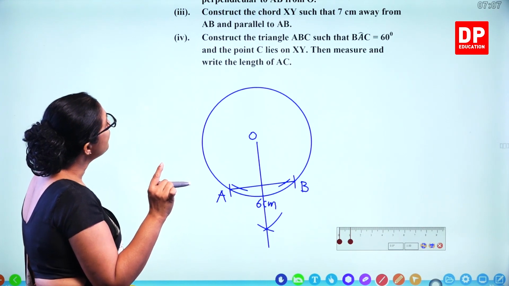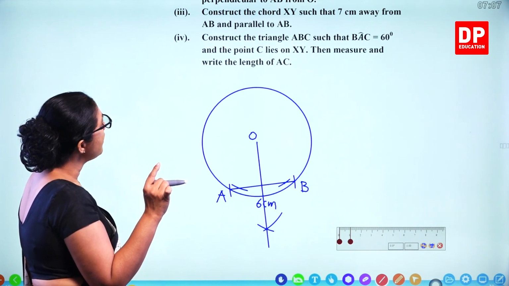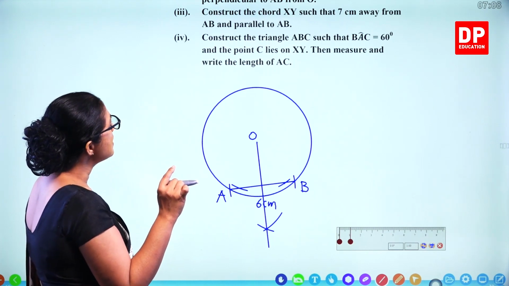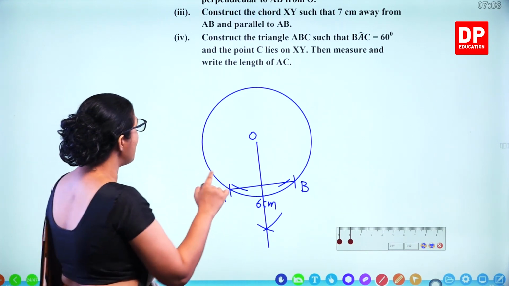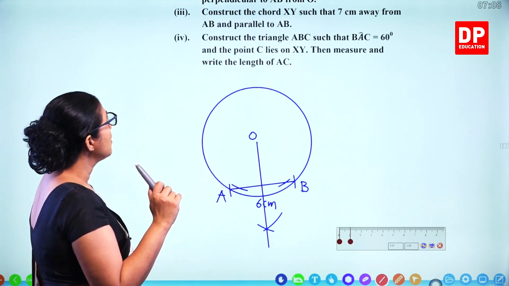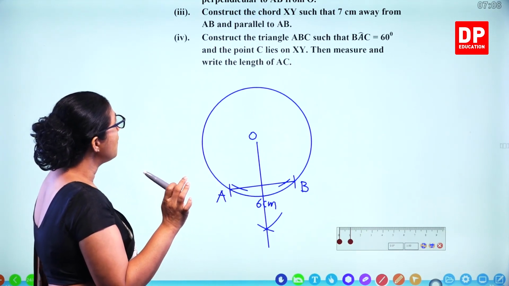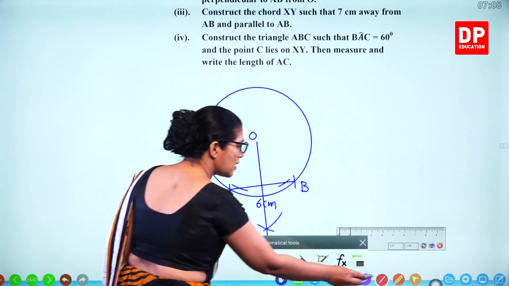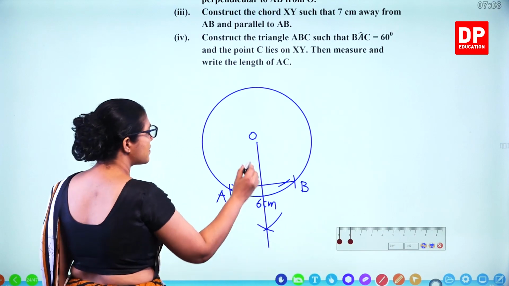And then part 3, construct the chord XY such that it is 7 centimeters away from AB and parallel to AB. So another chord that's 7 centimeters away. So we'll first extend this line.